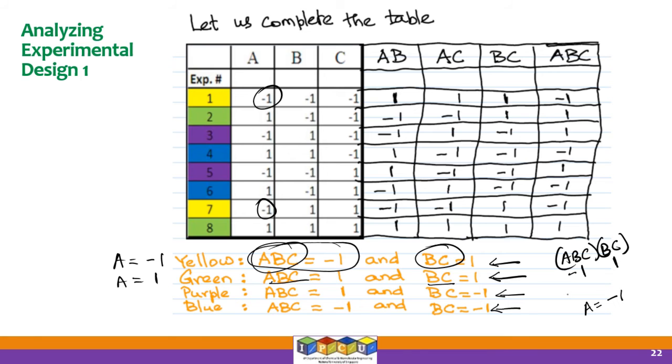Again, if you take the purple one and multiply the two, you will get A is equal to -1. So A equal to -1 is assigned purple. And for blue, ABC is equal to -1 and BC is equal to -1. If you multiply the two, the left hand sides will give you A, B squared, C squared, which is equal to A. The right hand sides multiply to give -1 times -1, which is going to be +1.